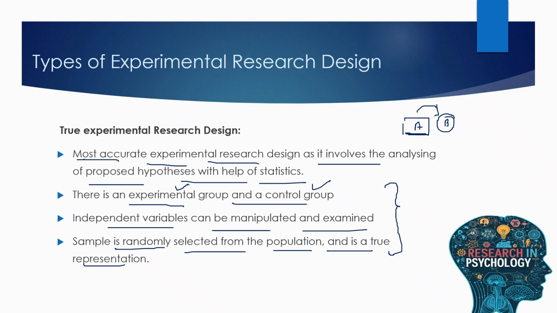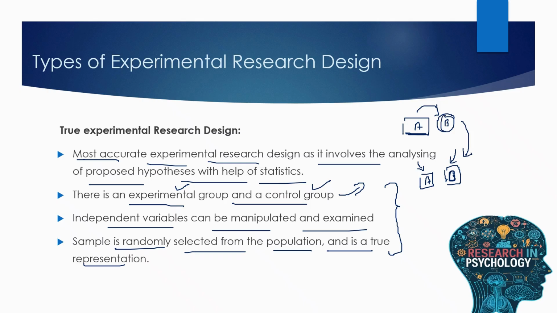Here, control group means if you are testing the efficacy of a drug on two groups, we'll have an experimental group and we'll have a control group. Here what you are going to do is you are going to give a particular drug to A. You are also going to give something to B which will not be the drug, which will be something neutral, might be vitamins or maybe just water, but they don't know what they are getting. Okay, so that's why this is a control group here. This is different from the static one. All right, here the B group is control group, is static.